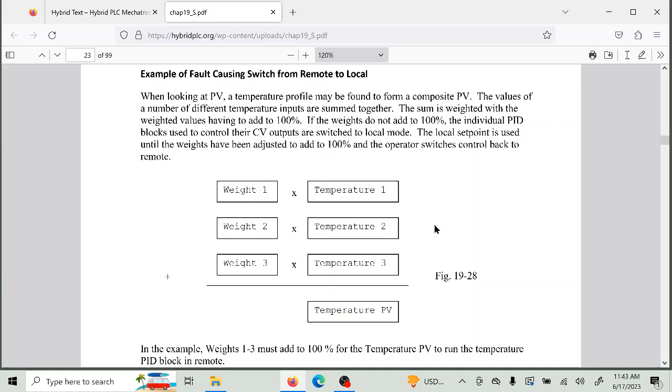So how do you do an average? Well, one way of doing an average is say, I wanted to take a weighting of the first thermocouple plus a weighting of the second thermocouple plus a weighting of the third thermocouple and add them together. But if for some odd reason the person doing these weightings did not come up to 100%, what did you do?